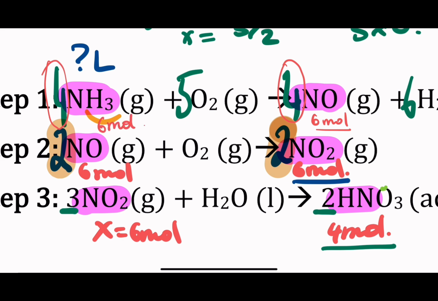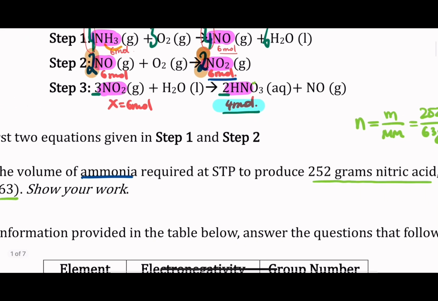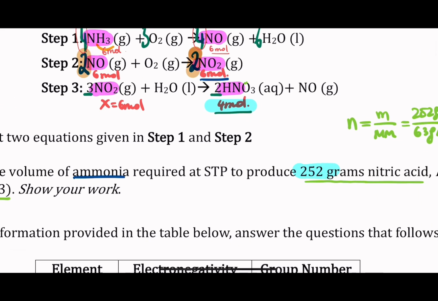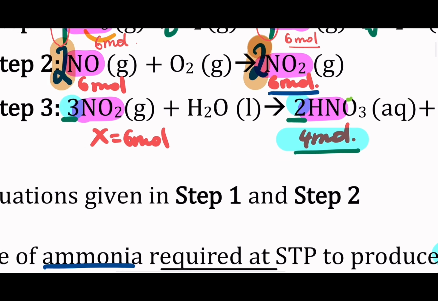So as you see, I worked my way up. I went from the back. I started from here. I said, okay, I found 4 moles from 252 grams. I said that, okay, if I have 2 moles coming from 3 moles, from 4 moles I'll get X moles, which is 6 moles.